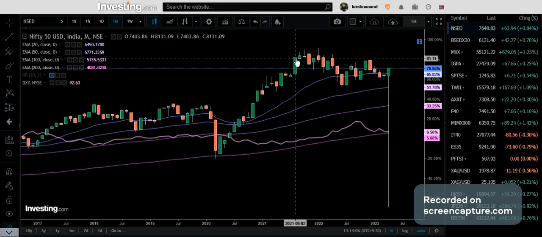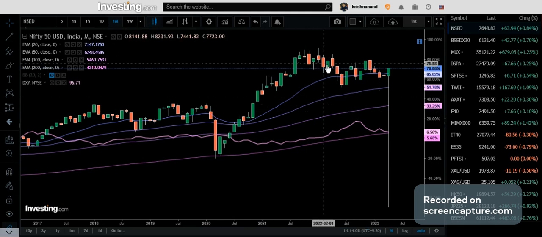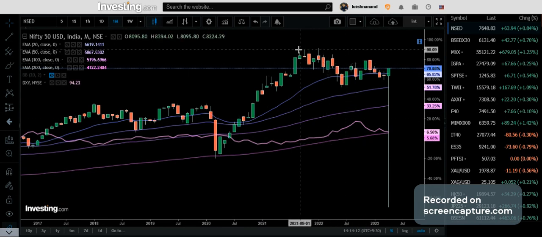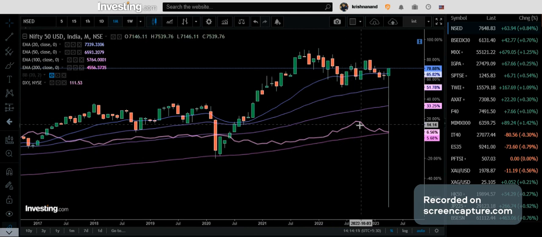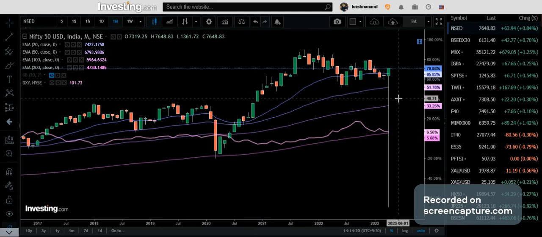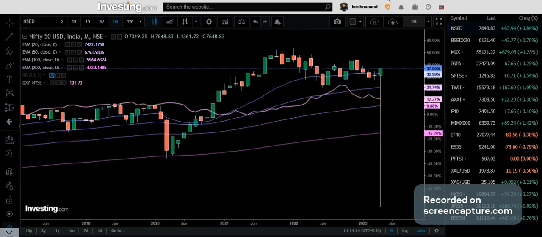There's another kind of divergence right now. We can see the US dollar is increasing, and the markets also started to decline. But now we can see the US dollar is decreasing, but the markets are still there. So it's a kind of bullish sign according to our estimates.